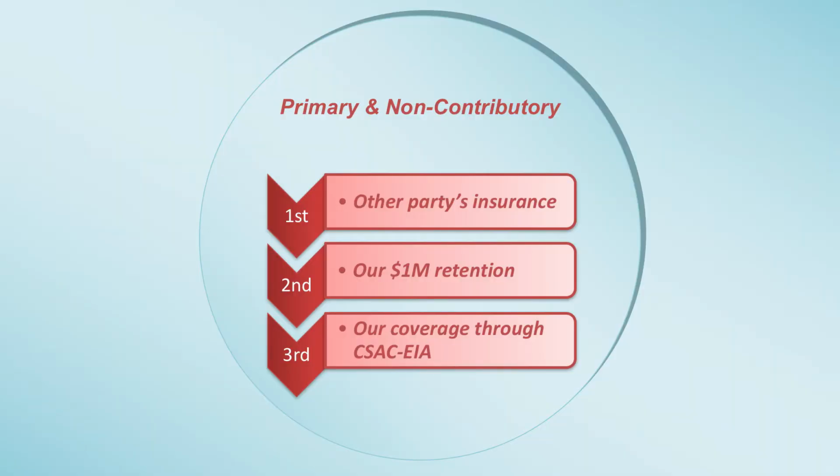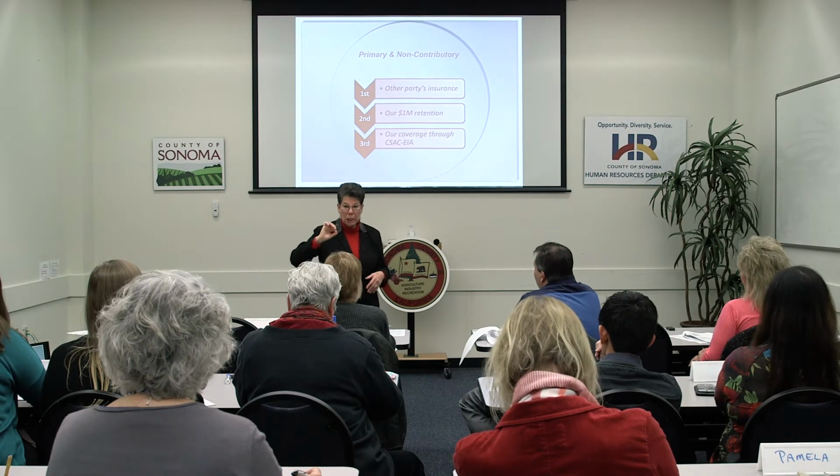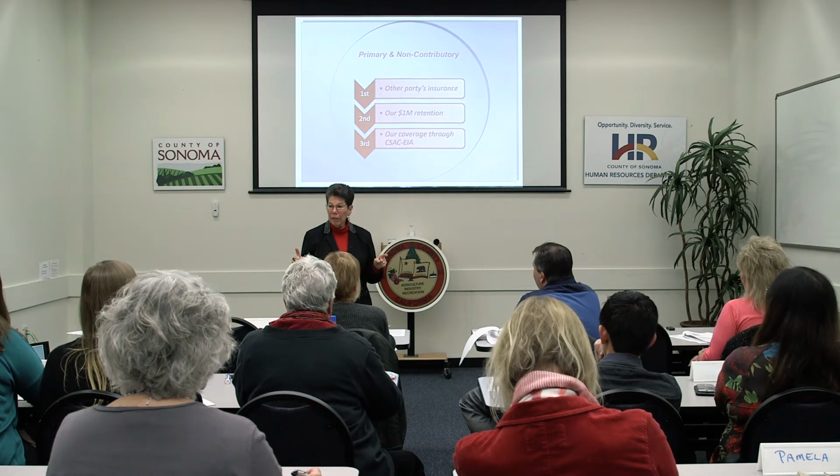Nor do we want to dig into our CSAC coverage. So, essentially, what we want is when they make us an additional insured on their policy, we want it to be primary and non-contributory. And essentially what that means is we would then be covered on their policy and our own insurance with that $1 million in the middle.